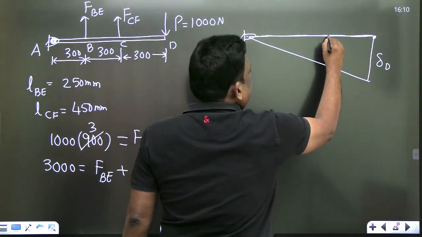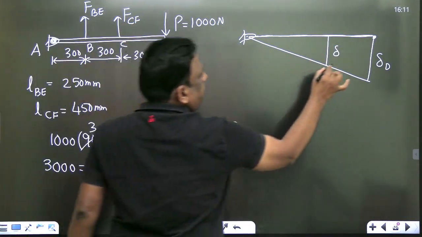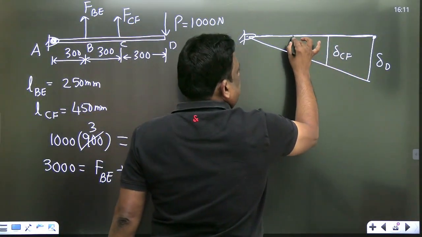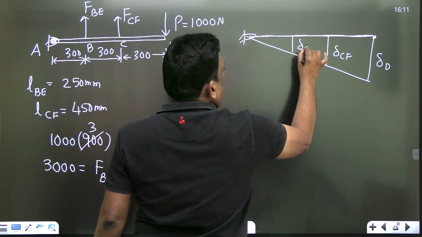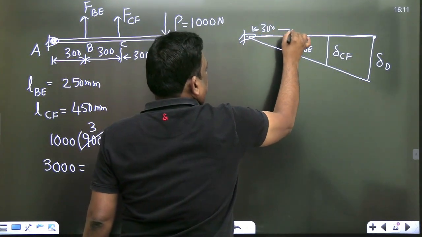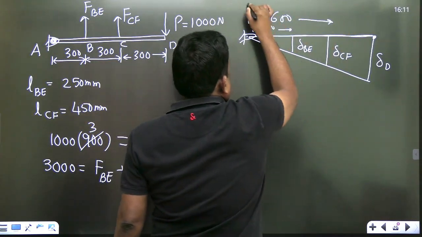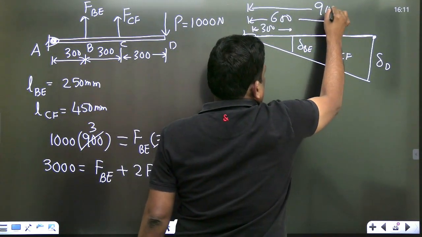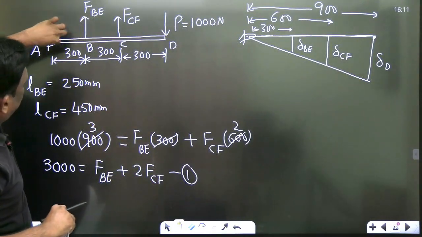And this is delta CF, and this is delta BE. Very good. This is 300. This is 600. And this is 900. All are given, so directly I am writing this is 600, 300 and 900.